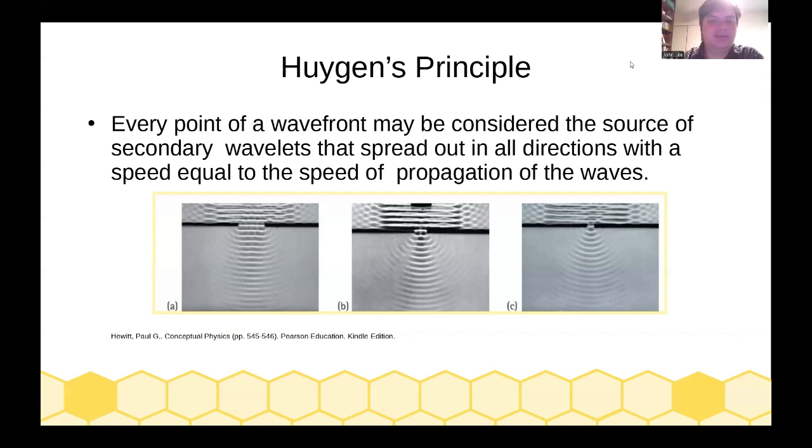Whereas the parts of the plane wave near the middle are going to still appear rather straight. So as the slit gets smaller, the wave becomes more spherical instead of looking kind of like a plane wave with spherical edges.